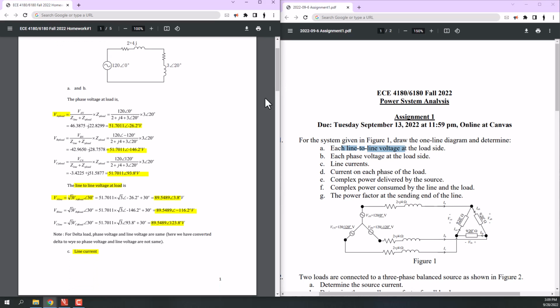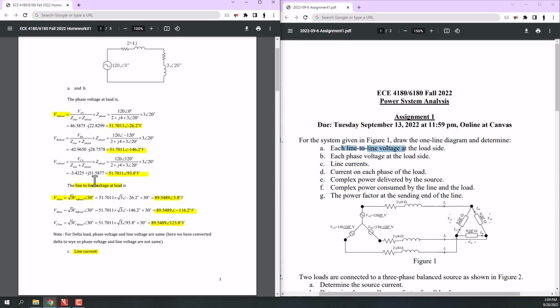as you can see here, the line voltage for phase A, using the formula that you already know, you have to multiply the phase voltage by a square root of 3, and also you need to increase the phase of that voltage by positive 30 degrees.